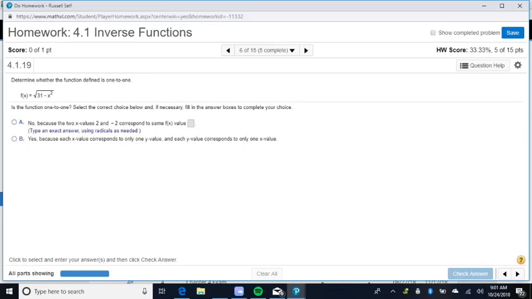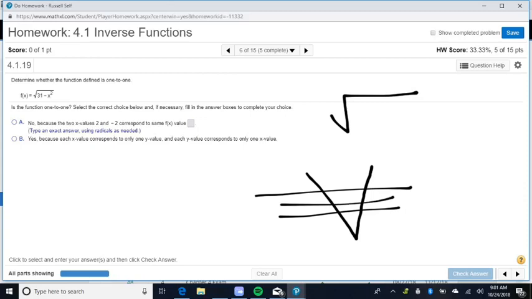But if you look at this thing and think about the parent graph, remember the graph of any square root function. Do you remember what that looks like? If it's a square root function, remember that's the one that's shaped like a V? Well, I can hit V all day long with 2 lines, right? So I already know it's not one-to-one, even though it is indeed a function.